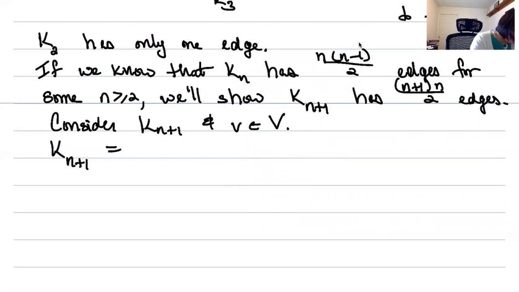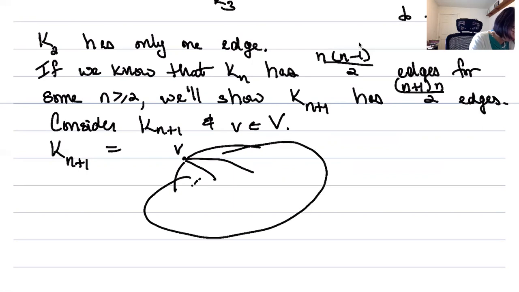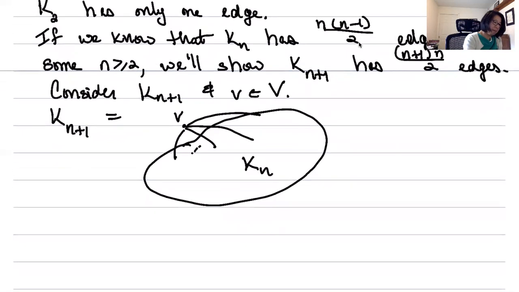If I draw it, I'm going to single V out, and V is connected to each of the n other vertices in Kn plus 1, and I'm going to think about that Kn as living inside a blob.